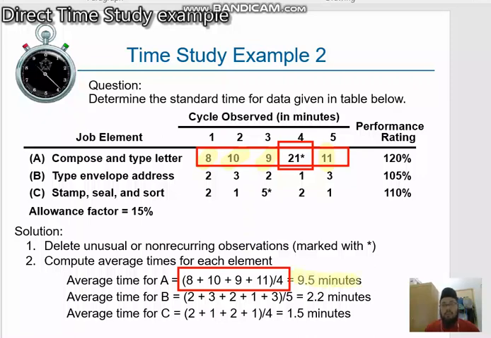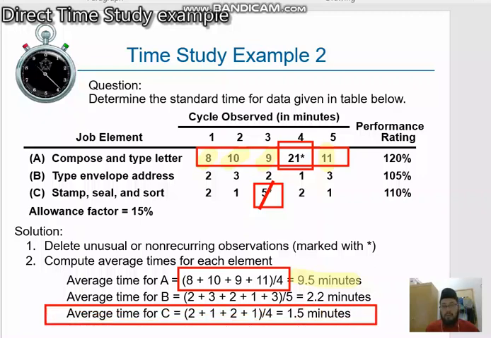We do the same for the other elements, element B and element C. Again, in element C, we have one unusual data, so that's why we discarded this value. So in element C, only 4 data were considered. So the average time for C is 1.5 minutes.